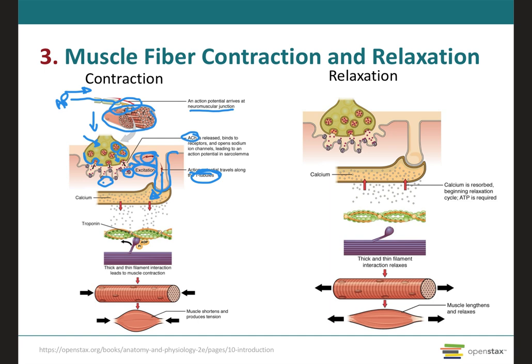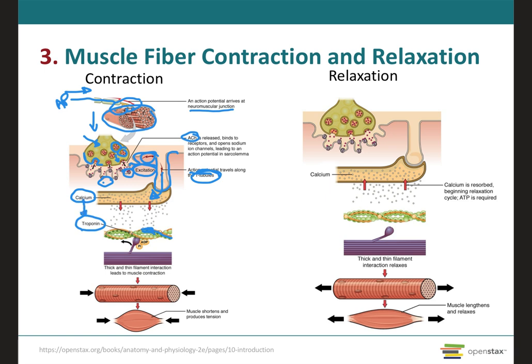Now, the presence of calcium inside of the muscle cell is important because it will be the one that will bind to troponin. Remember, troponin is the one that's holding the tropomyosin in place and covering the myosin binding sites on the actin. But once you have calcium, calcium will then bind to troponin.